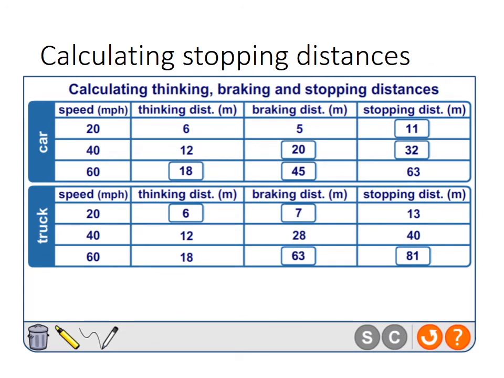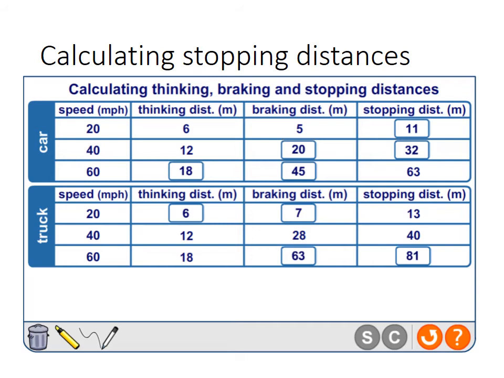So this is another nice animation for us to consider. So we're going to look at two different vehicles and we're going to have some gaps in our table, and I want you to fill in those gaps. Now there's a couple of ways that you can go about this. First one is you can pause the video in a second and you can put which values wherever you think that they may fit within the table.